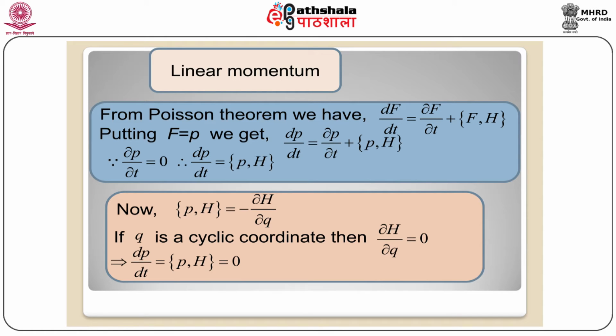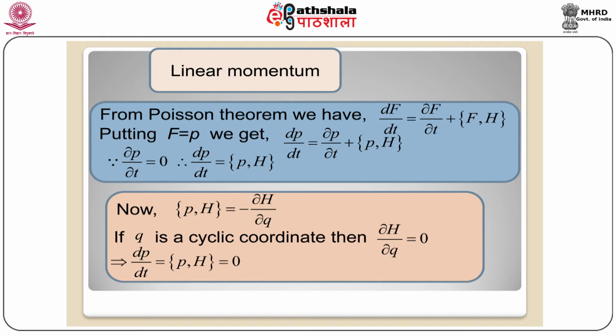Now, from Hamilton's equations of motion, we have the Poisson bracket of small p with Hamiltonian equal to minus the first order partial derivative of Hamiltonian with respect to small q. If small q is a cyclic coordinate, then Hamiltonian capital H does not contain q explicitly.